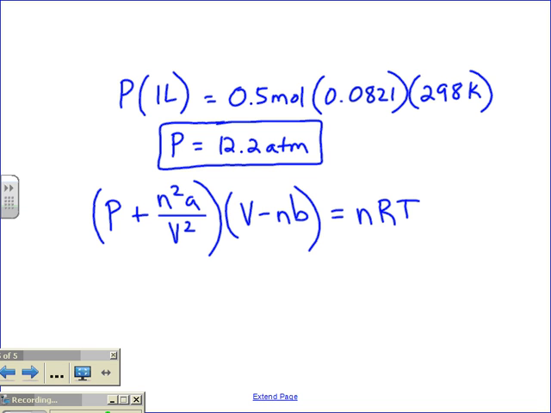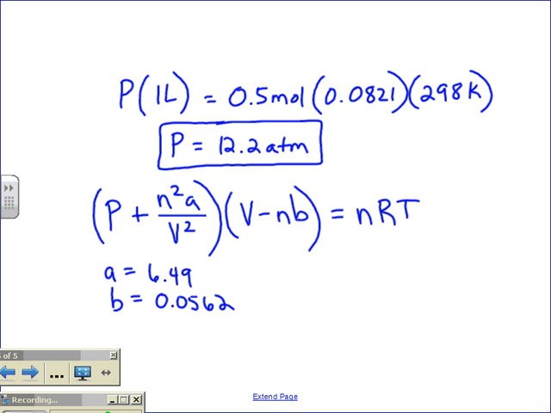They gave us A is 6.49, and B is 0.0562. This is on your slide on page 9, the last equation.